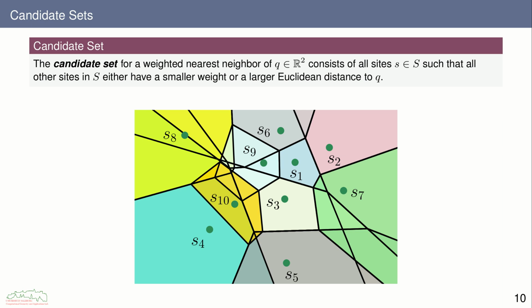In particular, the candidate set for a weighted nearest neighbor query Q in R2 consists of all sites S in capital S, such that all other sites in capital S either have a smaller weight or a larger Euclidean distance to Q. Now one can show that the candidate set is fixed for all points that lie within the same face of the overlay arrangement. Furthermore, only offset circles of sites that share a common candidate set may collide.